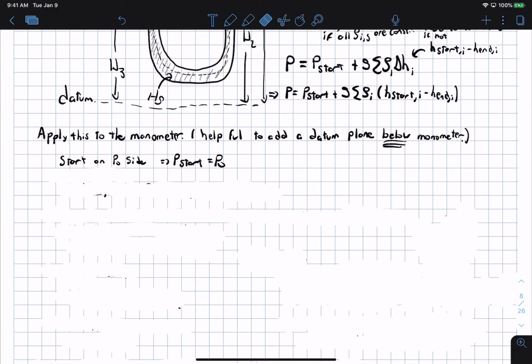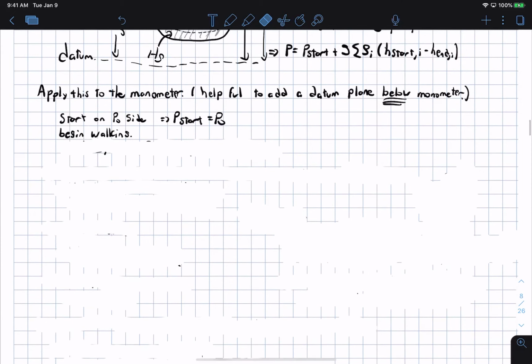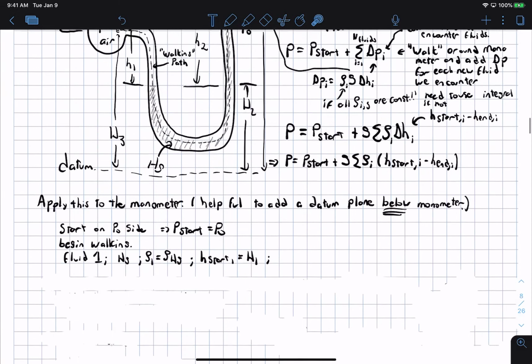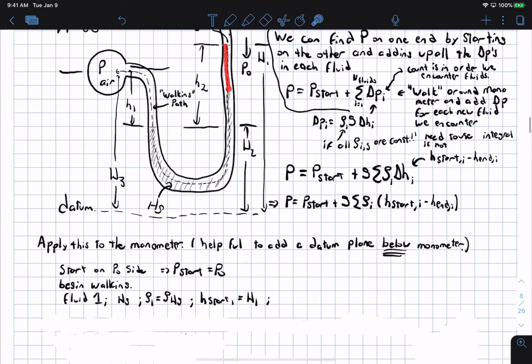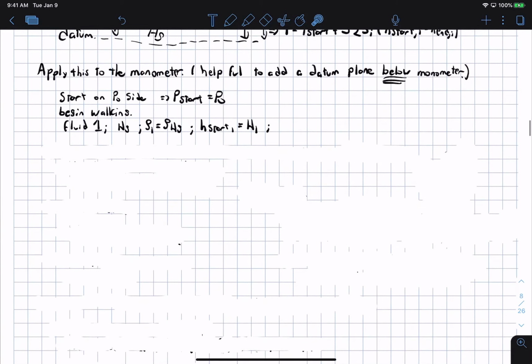So I'm going to start on the P naught side, and so P start is just the atmospheric pressure P naught. Then I begin walking, and I encounter the first fluid, which is the mercury.